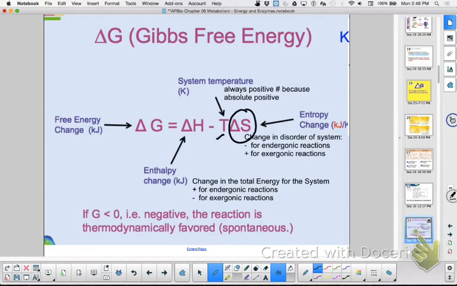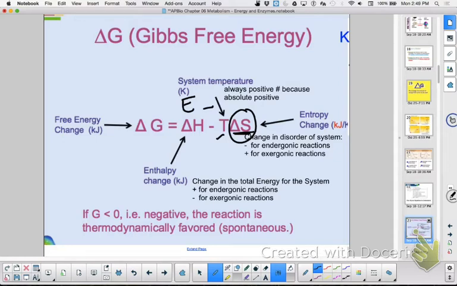So if you focus right here, temperature is going to speed up whatever I'm doing. I'm going to do more of it if it's hotter, and I'm going to do less of it if it's colder, right? It's like stepping on the gas hard as opposed to just a little bit. Whatever you're going to do, you're going to do more of it if the temperature is hotter. So this number right here is saying, what's the energy I have? Am I subtracting off a small number of disorder, or am I getting a big disorder? If it's big disorder, a number minus a big disorder is always going to go negative.